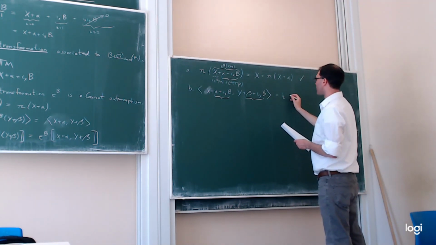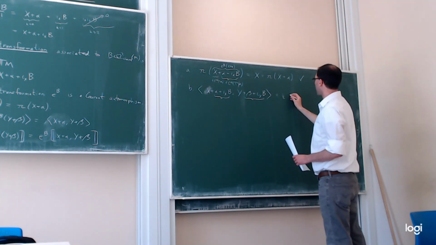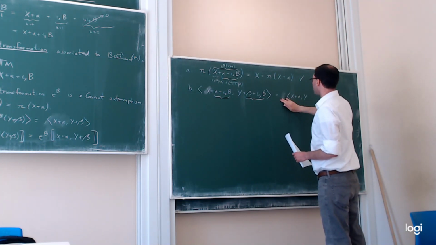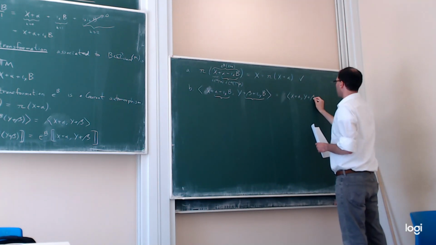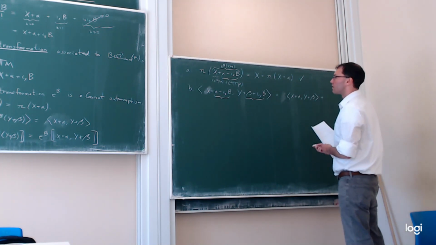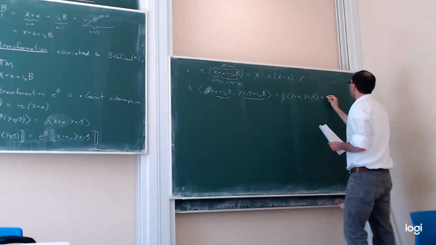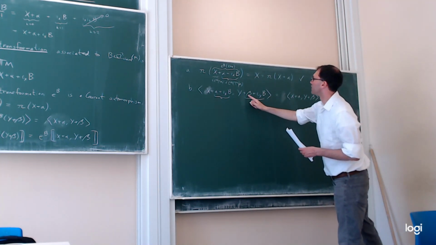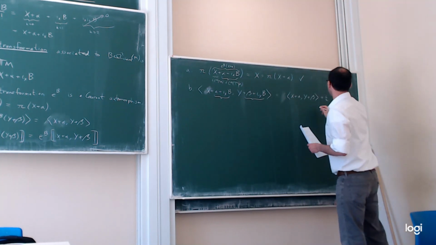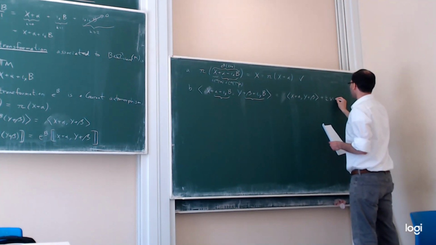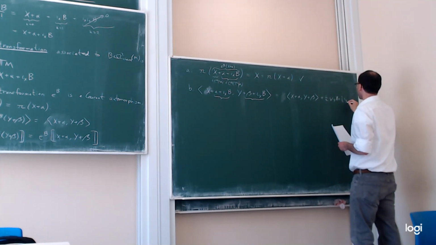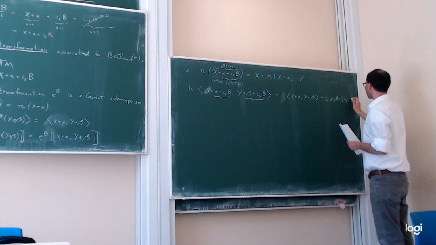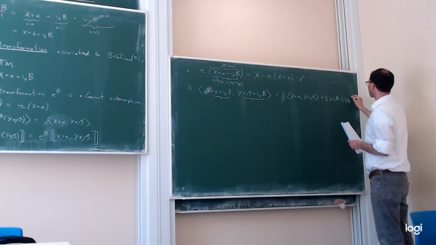So this is going to give us one half the pairing of x plus alpha, y plus beta, plus one half the interior product of x, interior product of y b, plus one half the interior product of y and an interior product of x, sorry, not beta, but b.